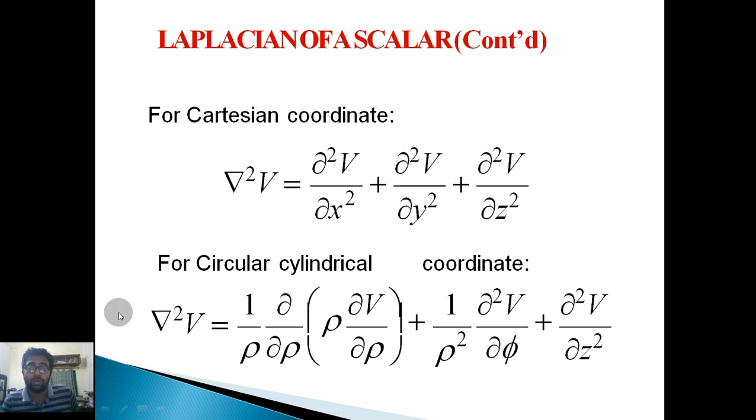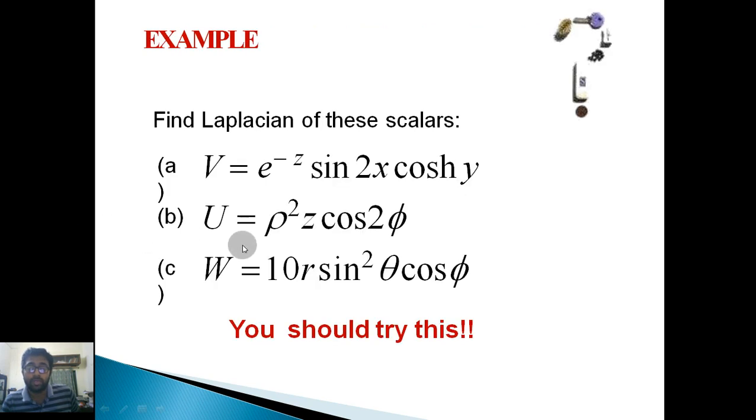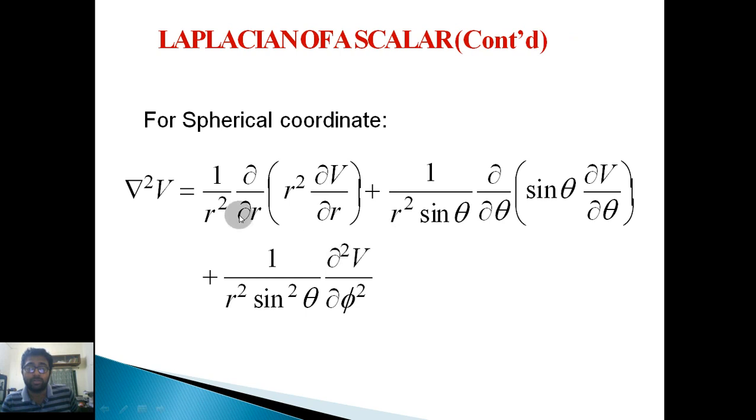So for that specific function we will use the circular cylindrical coordinate system. And for r sin square theta cos phi, we will have the spherical coordinate system: 1 by r square del of del r of r square del V by del r plus 1 by r square. This function will be used.